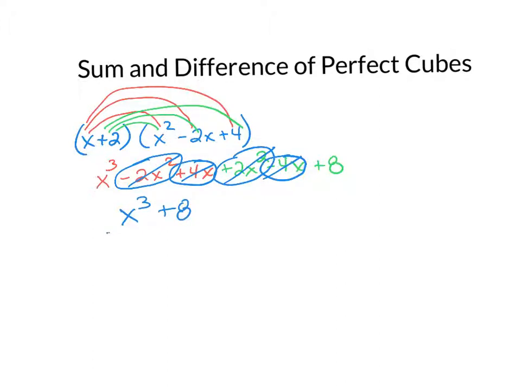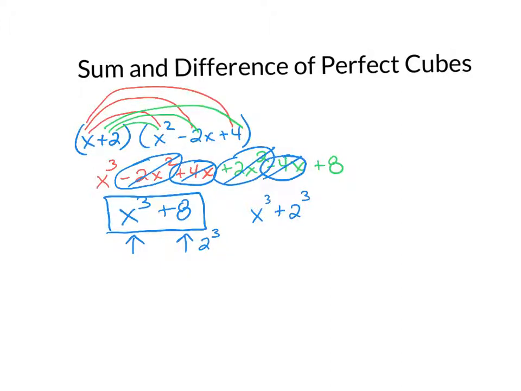So what I have is a sum of perfect cubes. X cubed is a perfect cube and 8 is a perfect cube because 8 could be written as 2 to the third power. So I could rewrite this as x cubed plus 2 cubed.